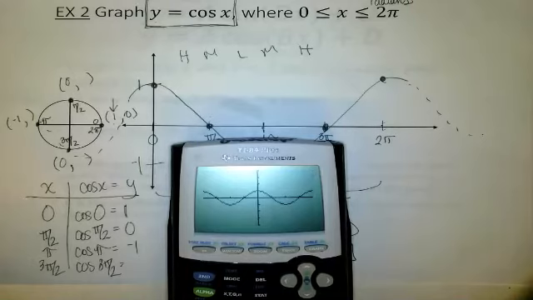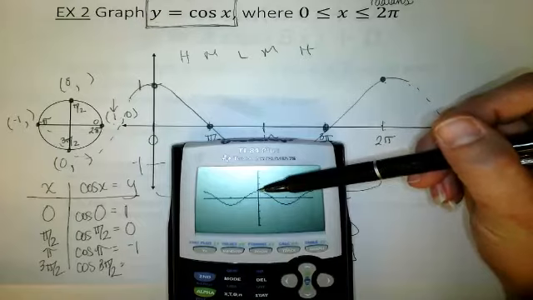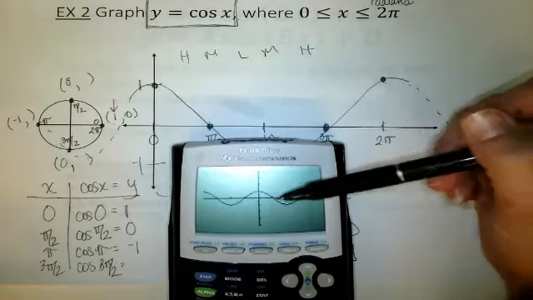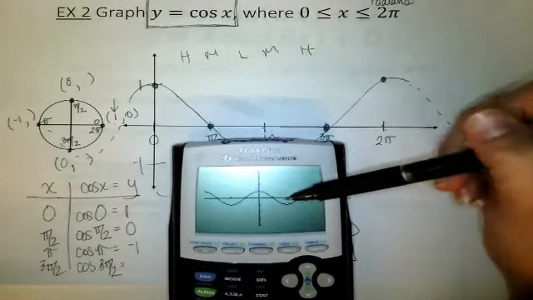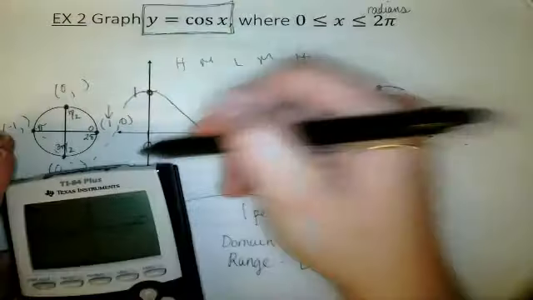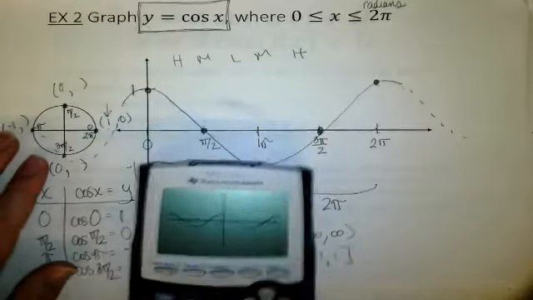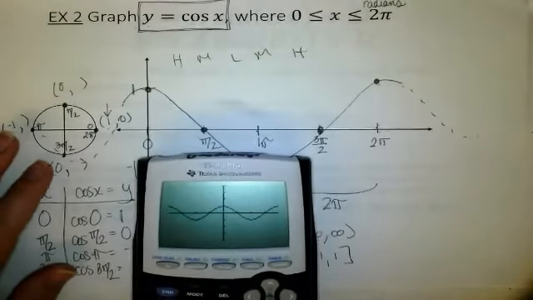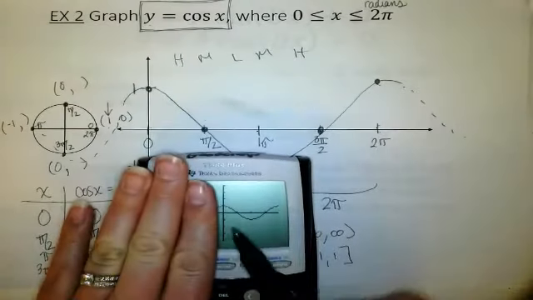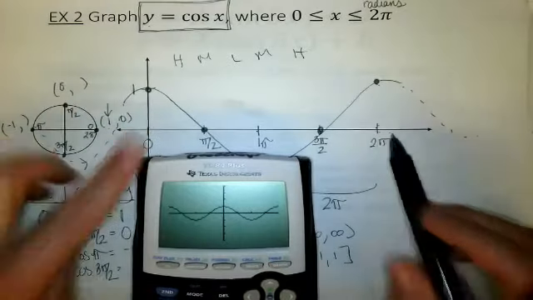All right, so what are we seeing here? 0 is the high value, and it looks like we've got 0, 1, 2, 3, 4, four little extra points there, including 0. So our window is just going from 0 to 2 pi. That's what we did graphically.